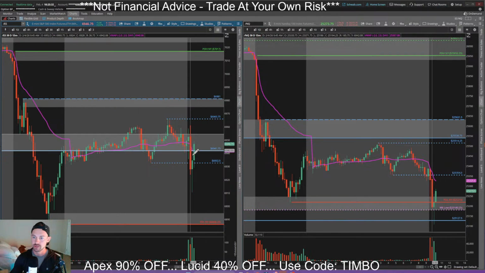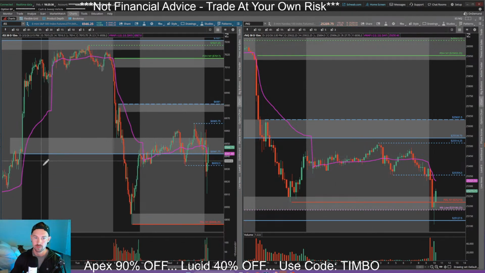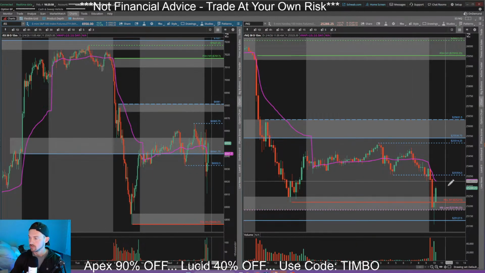So ES is kind of reclaiming that 41 Monday low where we had that strong push up. So we could see a pretty strong move up if we get above that pre-market high. Yeah, good push up here.